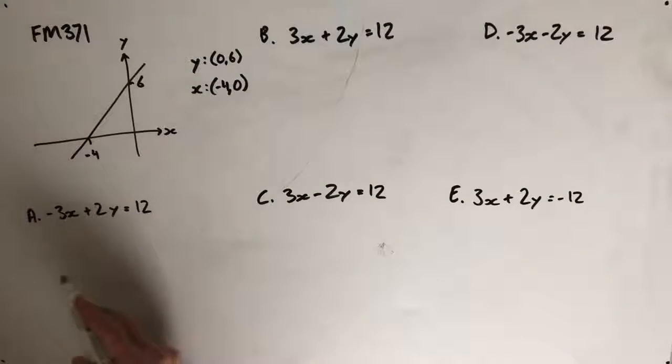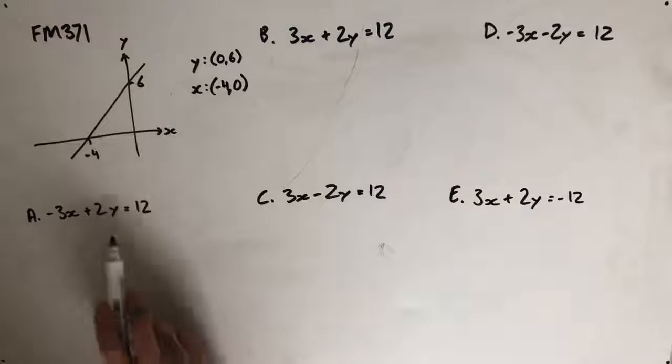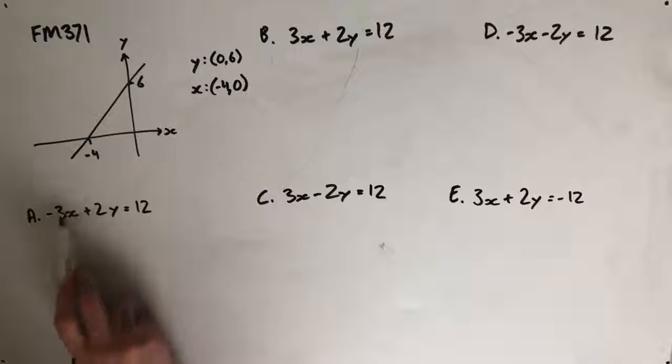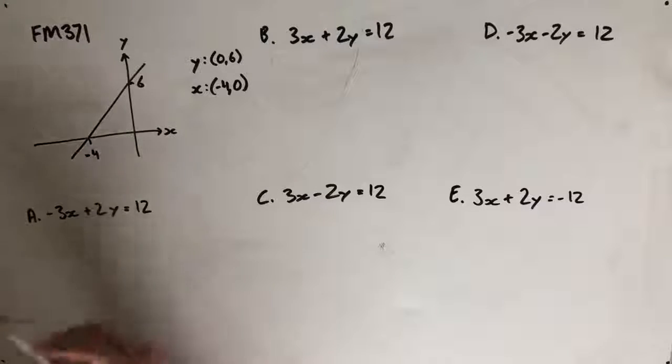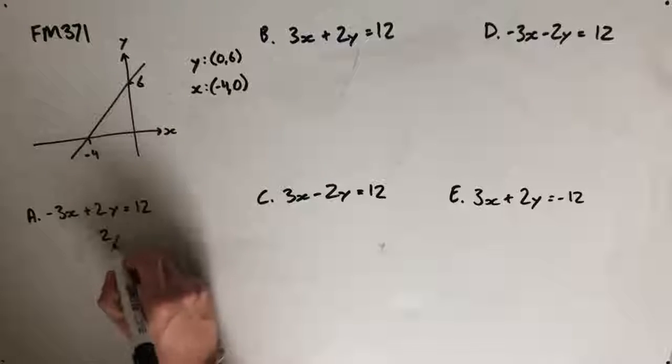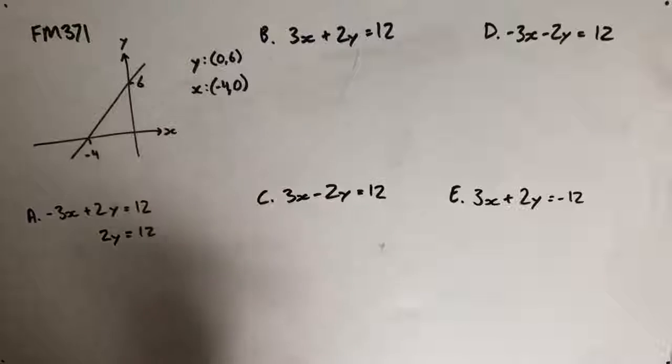Looking at option A, if we want to find the y-intercept, we make x 0. Substituting 0 for x causes the -3x term to become 0 and disappear, and we're left with 2y equals 12.